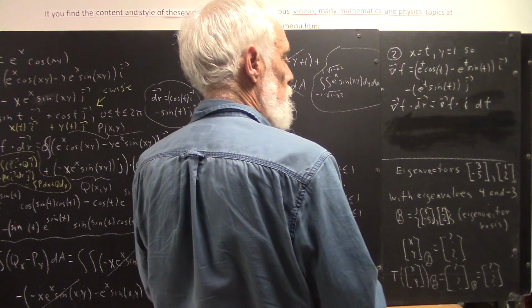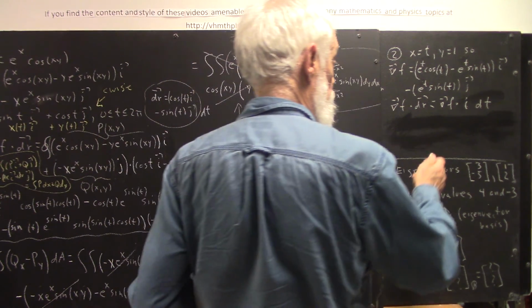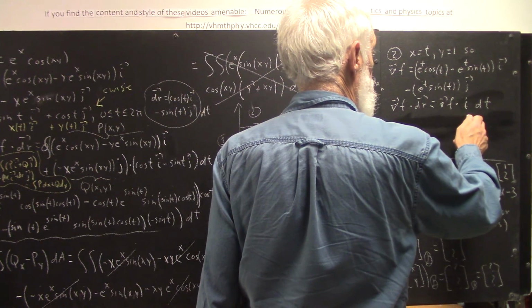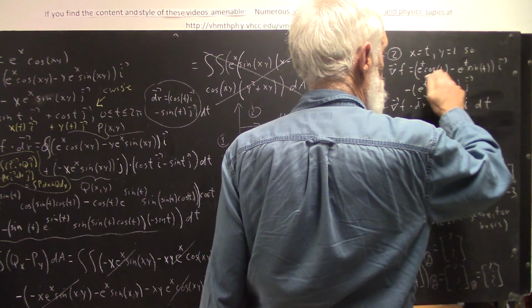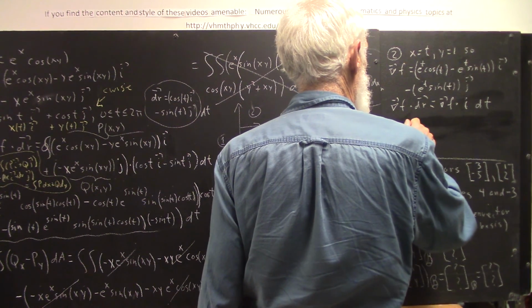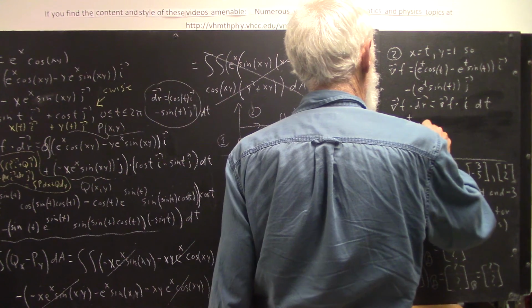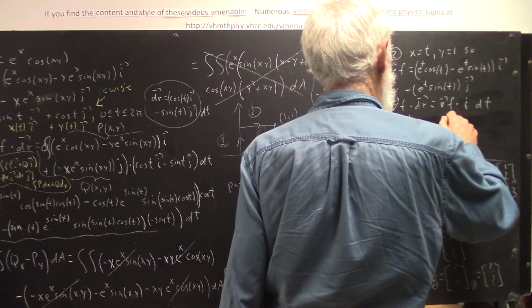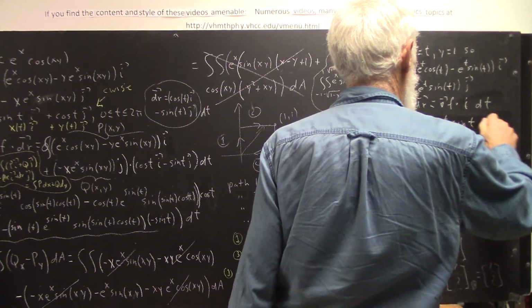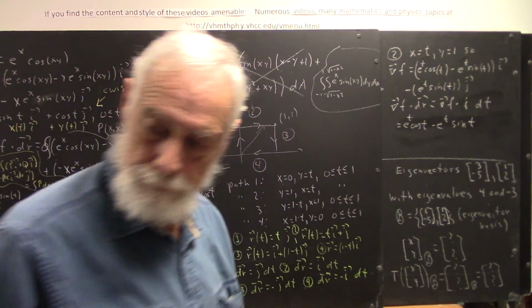Okay, so we'll do the dot product. Del f dot dr is just this dotted with i dt. i dot i is 1, so we just get this, and that's e to the t cosine t minus e to the t sine t.